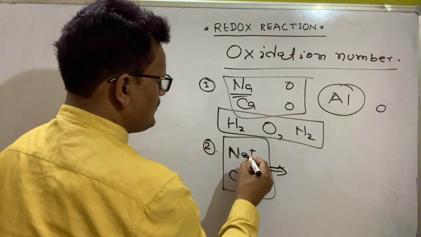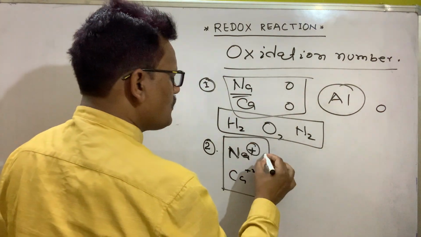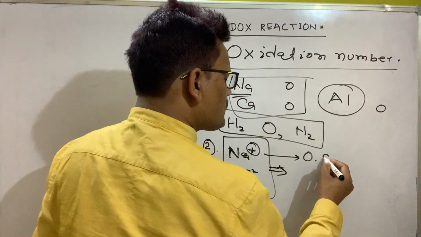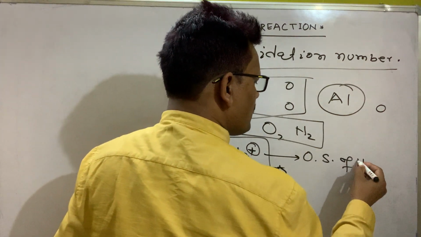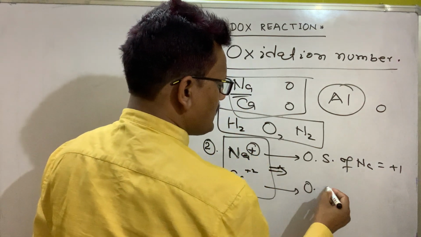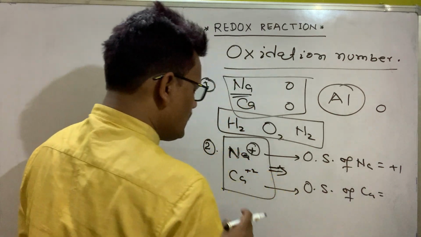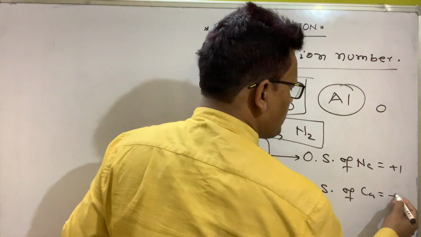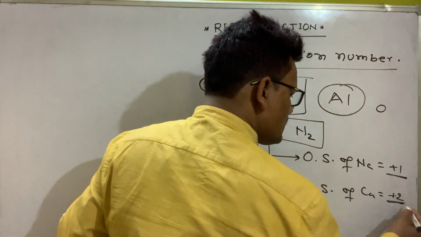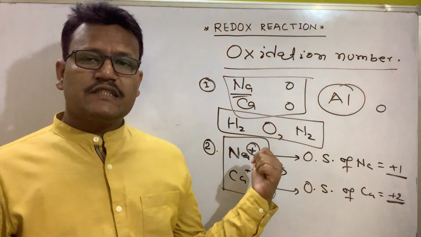Na plus. This is Na plus. Na plus has plus 1 charge. So the oxidation number or oxidation state of sodium is plus 1. Similarly, the oxidation state of calcium in Ca plus 2 would be plus 2. We have to write the oxidation number with sign because it has positive charge.